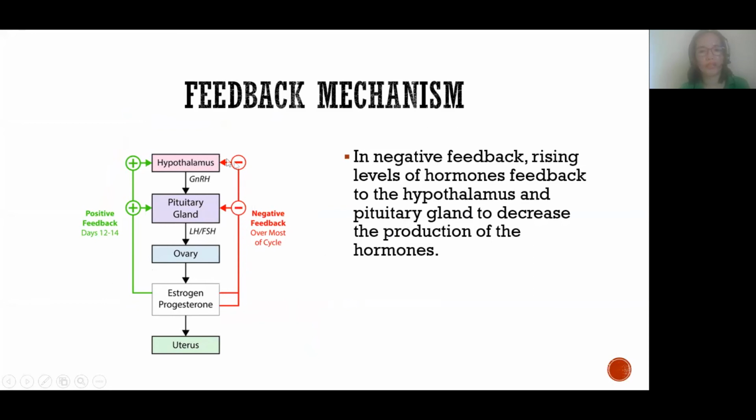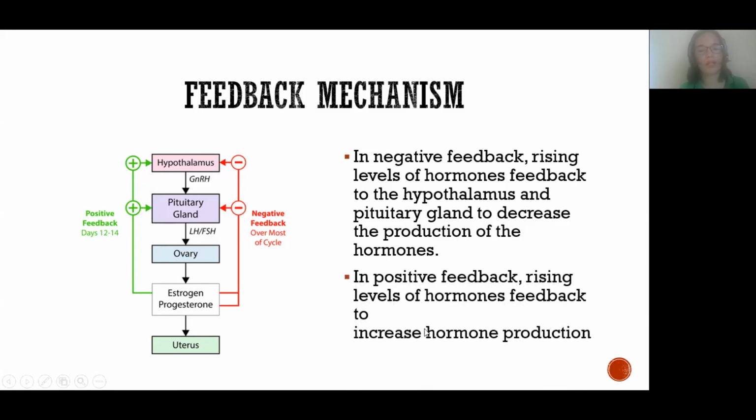That's why it's termed negative feedback. On the other hand, you see here a positive feedback. In a positive feedback, it's the other way around: rising level of hormones feeds back to the hypothalamus to increase the hormone production.